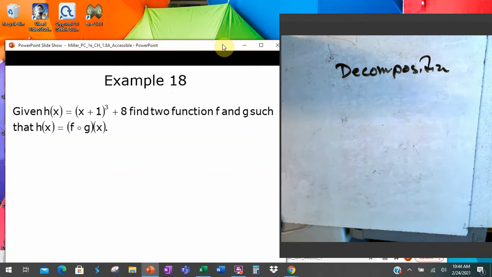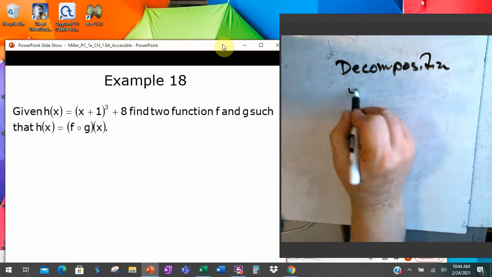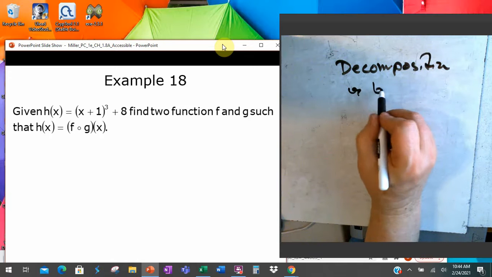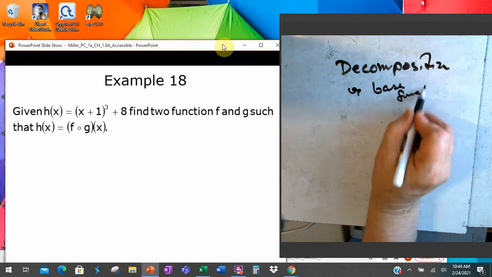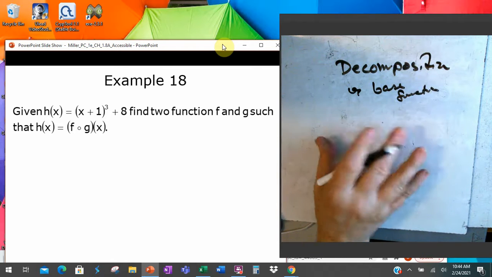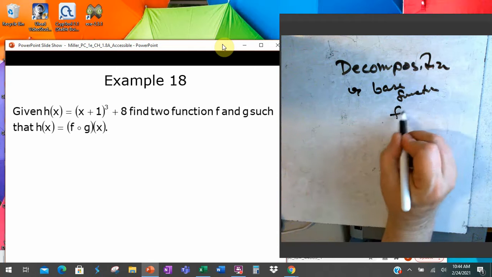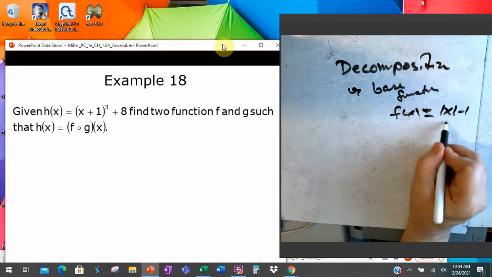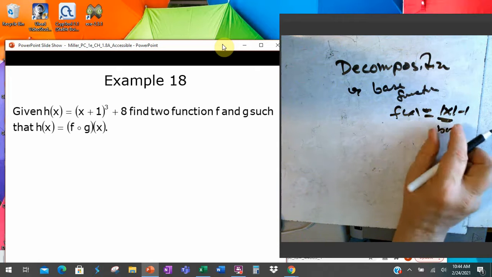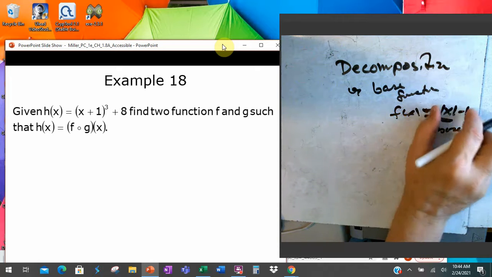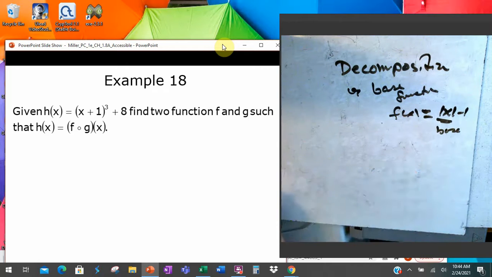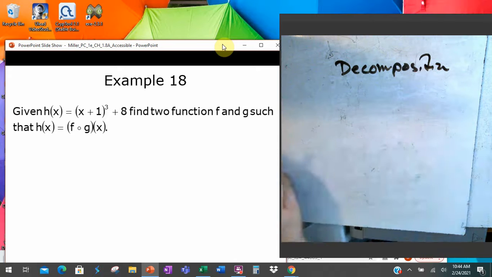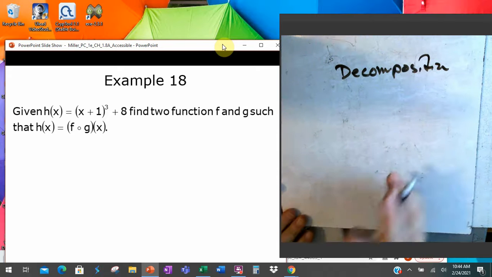And this just takes a little look back. There's no formal rule for it. Sit back and look and see if you can find some base functions. Do you remember when we were doing transformations, we found some base function? This is the very same thing. Remember when we did f of x is equal to square root of x minus 1. Here's a base function. We know what that graph looks like, and then we do transformations. This is a very similar thing, but we're looking backwards as decomposition.